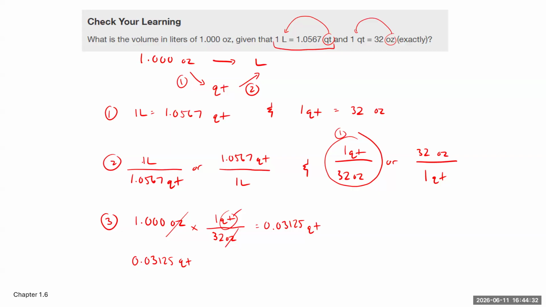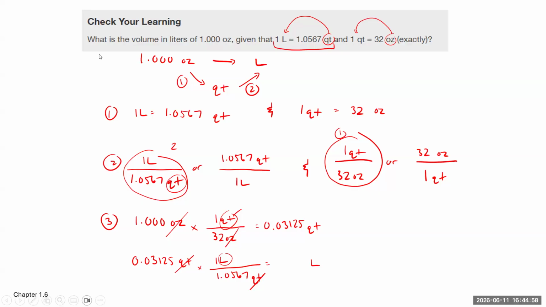Now, look here. We're going to use the second conversion rate because now quarts is on the bottom: 1 liter divided by 1.0567 quarts. Quarts cancels out and we're left with liters. So we know our answer is going to be in liters.